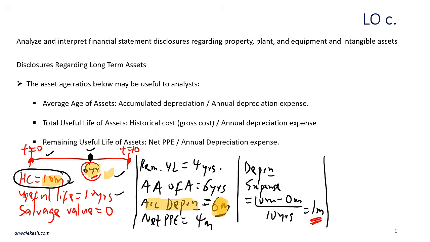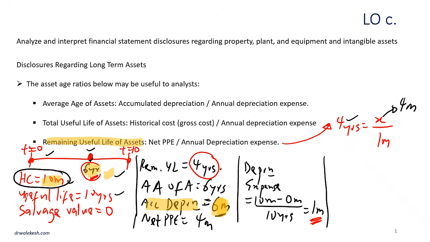Moving on to the third formula, which is remaining useful life of the non-current asset. The remaining useful life of the non-current asset at the end of year 6, based on the scenario I painted, will be 4 years. 4 years equals x all over the annual depreciation expense of 1 million. If we solve for x, it should be 4 million, because 4 million divided by 1 million is 4 years.